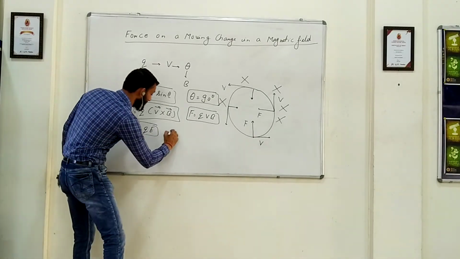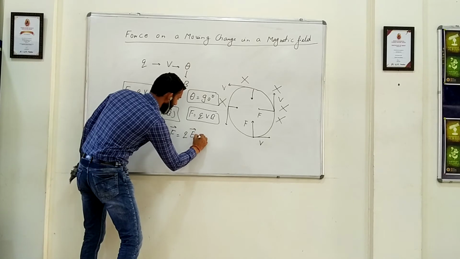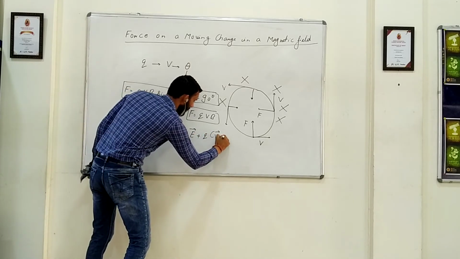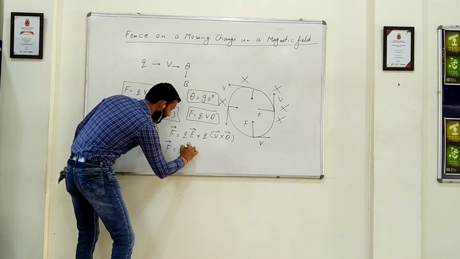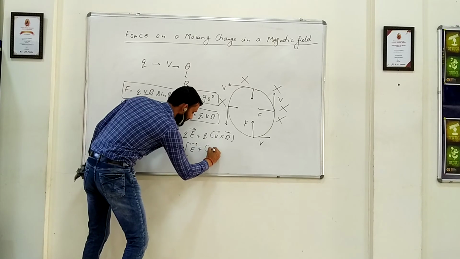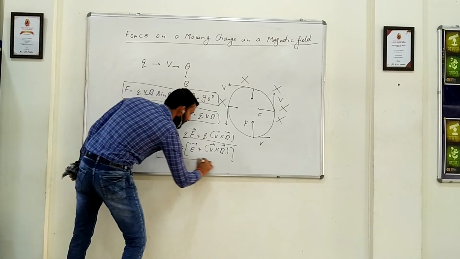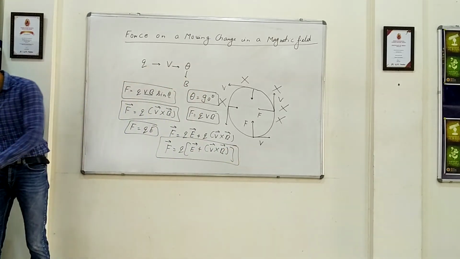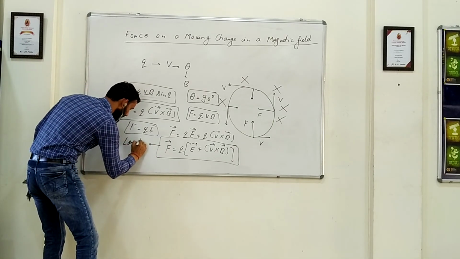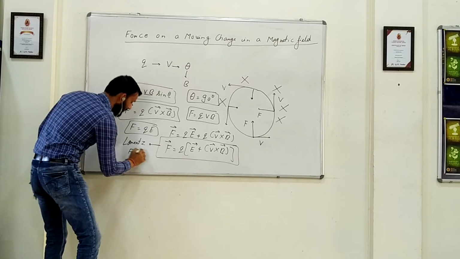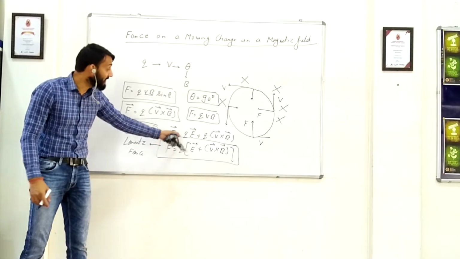In that case, if I combine these two, my force will be F is equal to QE plus QV cross B. So if I combine these two, F is equal to Q common E plus V cross B. This expression is what we call Lorentz force. So this Lorentz force is a combination of electric force as well as magnetic force, right? That is the case when both are present.